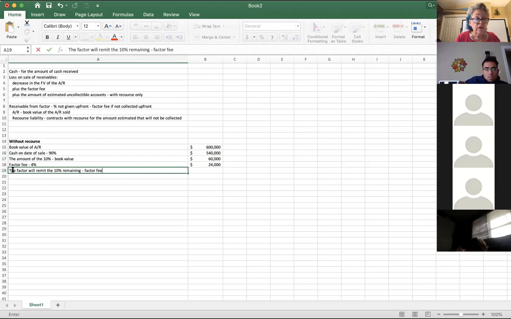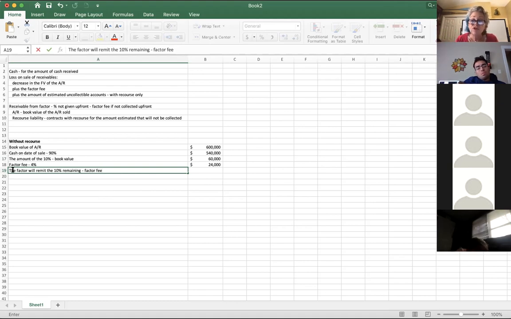Okay, and that is what you read where it said that they will remit. Therefore, Santa Teresa has a beneficial interest in the transferred receivables equal to the fair value, we'll talk about that in just a minute, less the 4% factor fee.